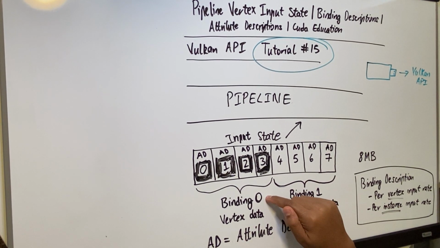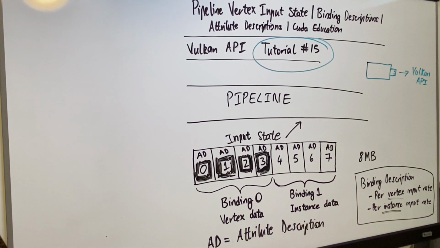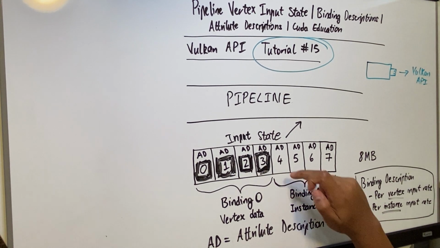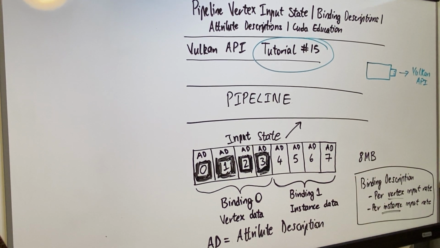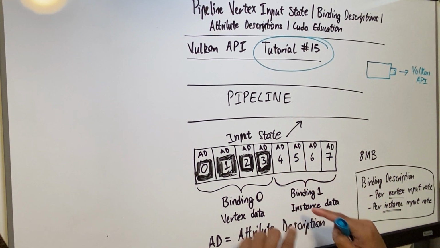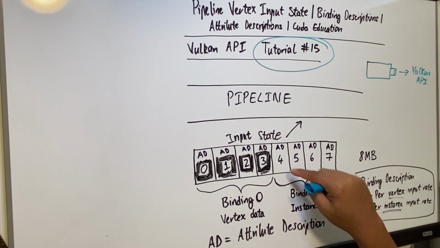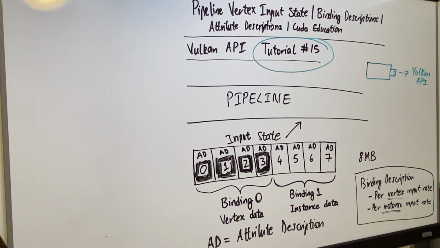So binding 0 is associated with Vertex data. Location 4, 5, 6, and 7 is instance data. So binding 1, as we attach here, is for instance data. And I'll get into the two in a minute.